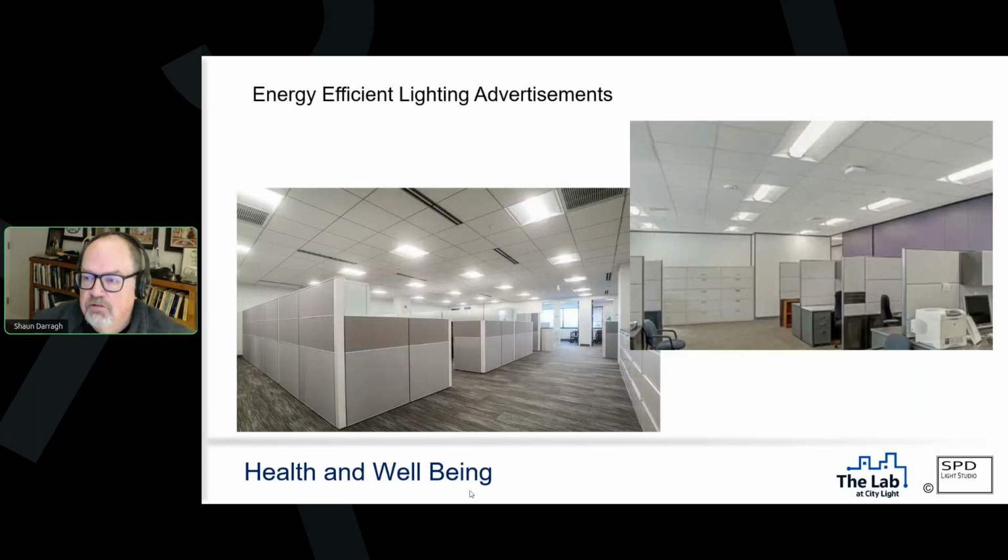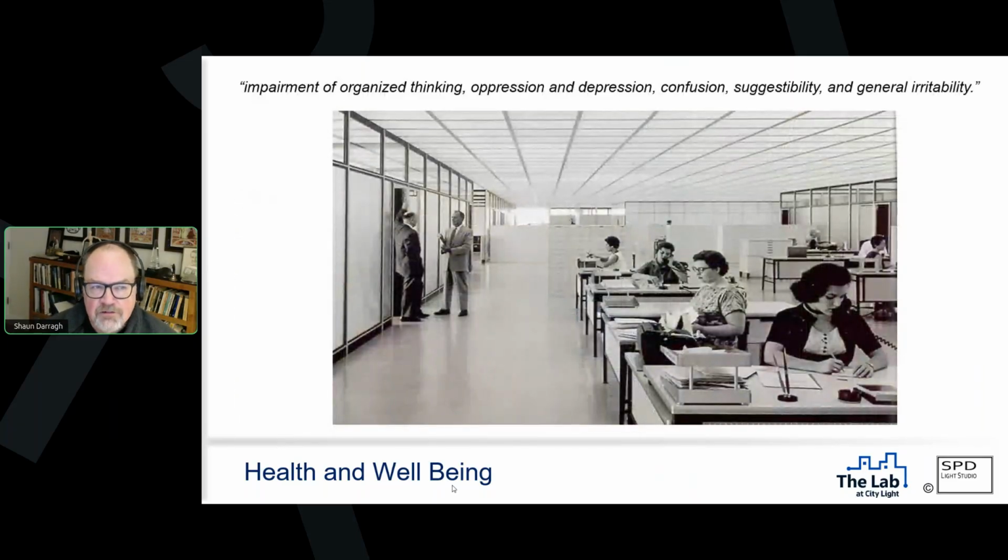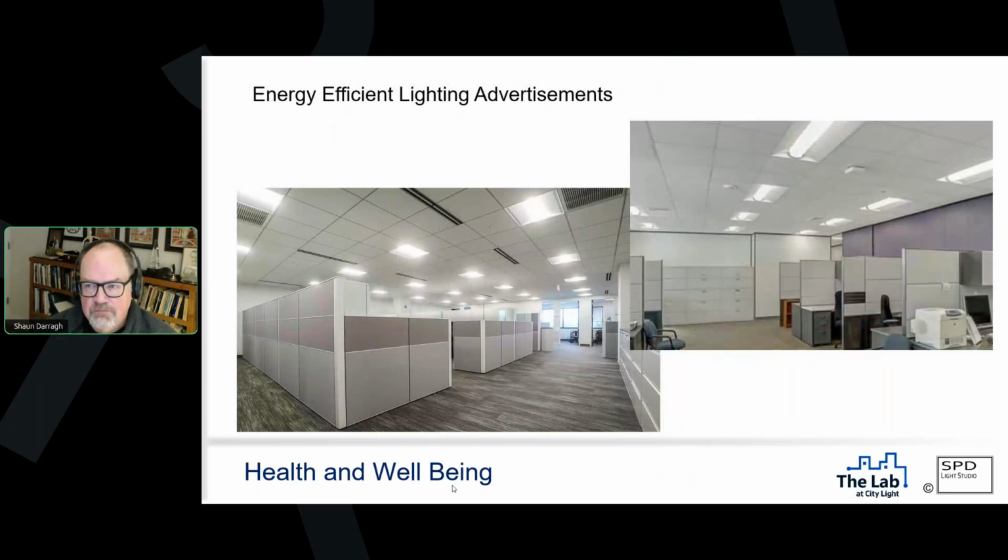So these are two pictures that I pulled literally this week from advertisements from lighting manufacturers who shall go nameless that, gosh, they sure look an awful lot like this, really, right? The light fixtures are a little different, but basically you've got lights up in the ceiling, you've got no access to daylight, you've got no access to time.